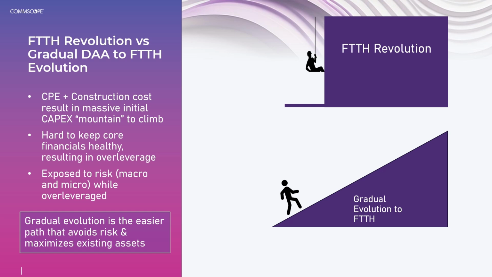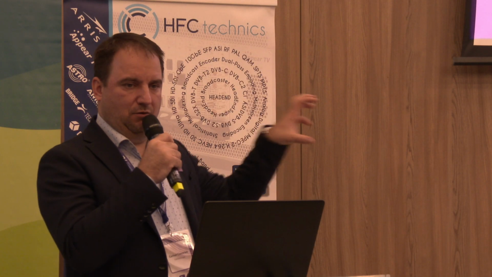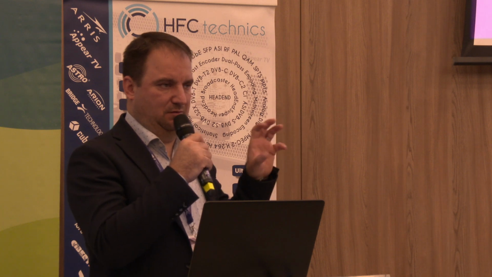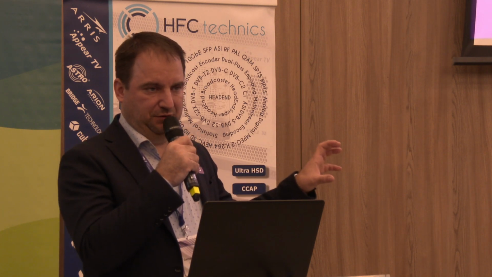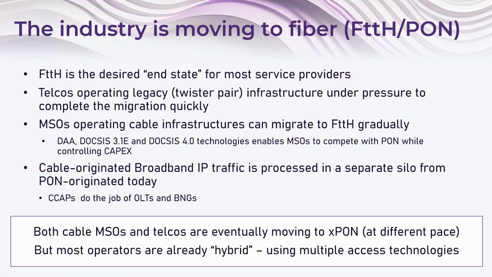Ultimately, I think as we all agree, 10, 20 years from now, everybody will be on fiber most likely, right? That is probably the end goal. But in the meantime, trying to climb Everest without any training is very, very difficult, whereas a slow transition to fiber to the home allows operators to save on construction costs, save on CPE costs, and keep their core financials healthy without exposing themselves to massive risks by incurring a lot of debt and spending too much money on CapEx where it's not needed.